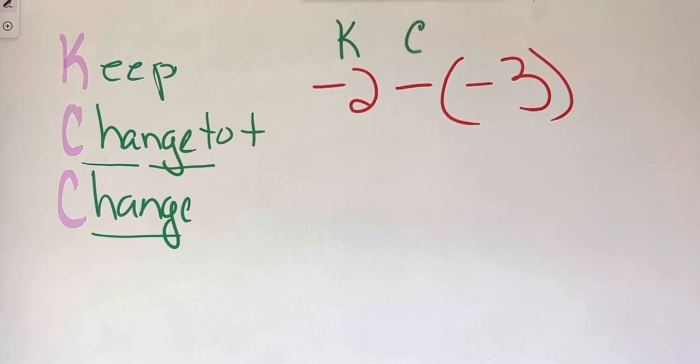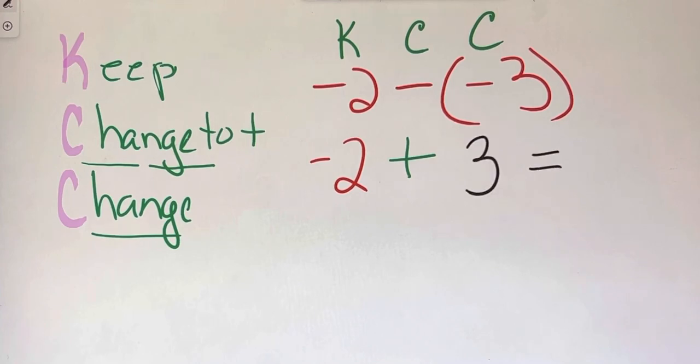I'm going to write KCC on top. The negative 2, we're going to keep it as a negative 2. The subtraction sign, we're going to change to an addition sign. And then the negative 3, we're going to change to a positive 3.